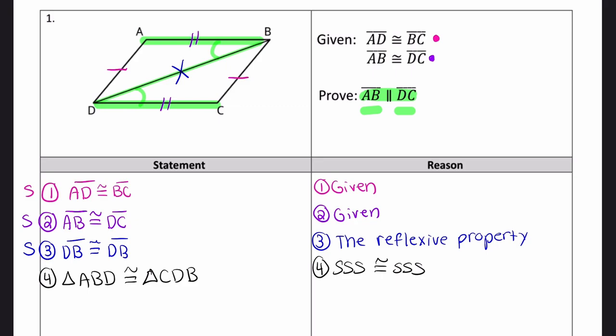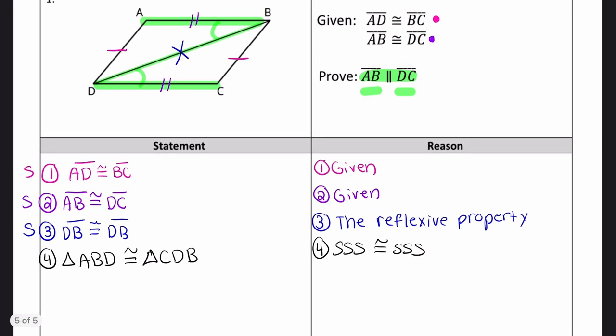And I know that those angles are congruent because corresponding parts of congruent triangles are congruent. So let's go ahead and write that in, okay? I know that statement number 5, I can say that angle ABD is congruent to angle CDB, and that's because of, I'm going to actually write it this time, CPCTC, corresponding parts of congruent triangles are congruent.